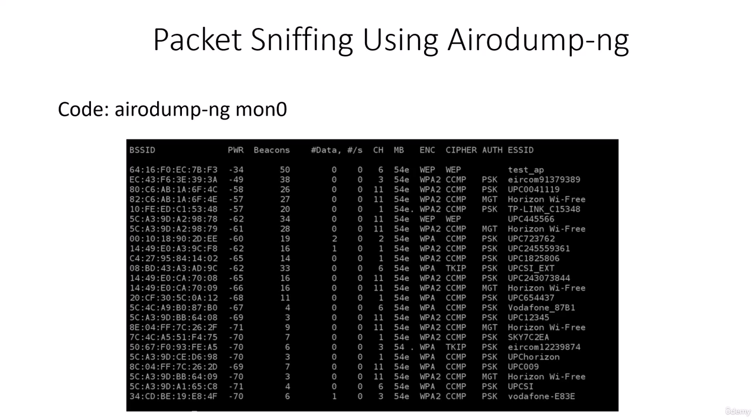So you can see that there is quite a good bit of information around me. The BSSID is the MAC address of the access point. The PWR column is the power, so it shows how far the access point is from our Wi-Fi card.